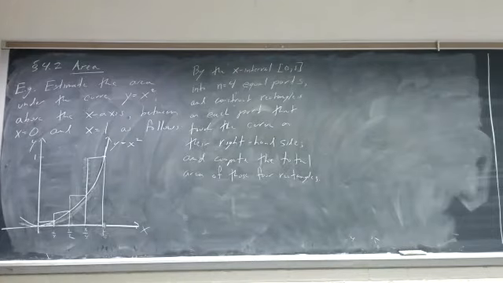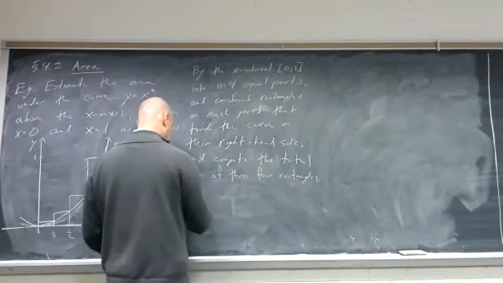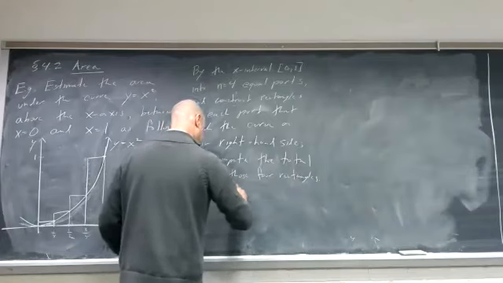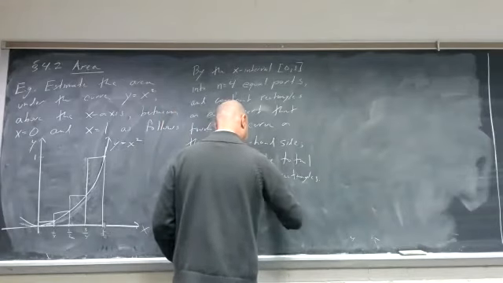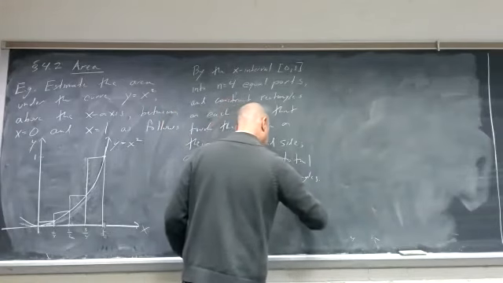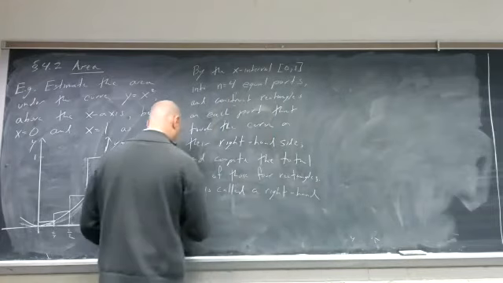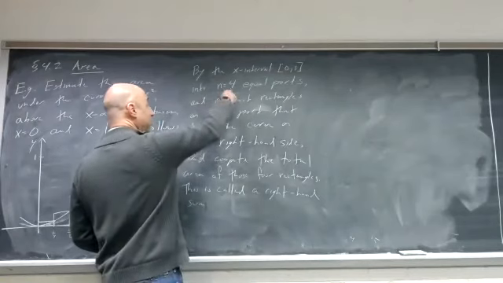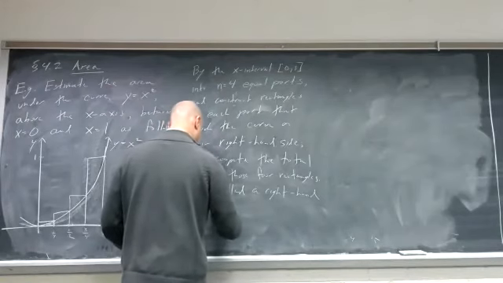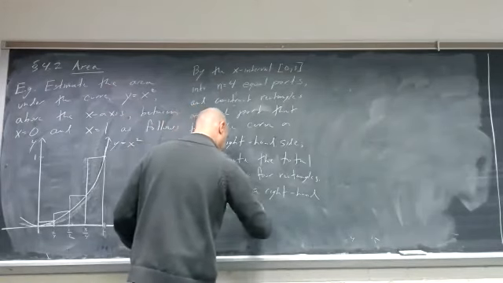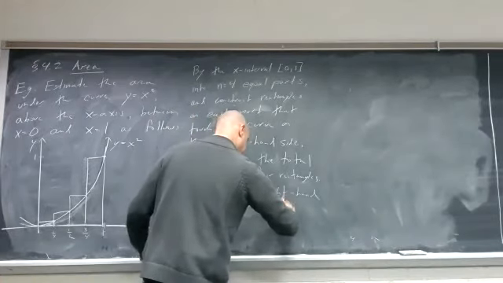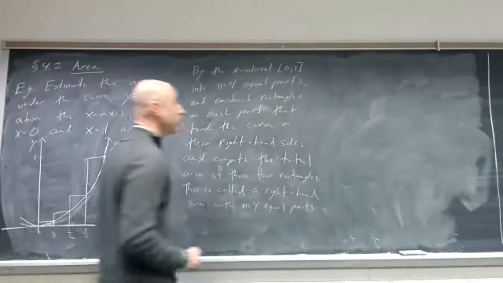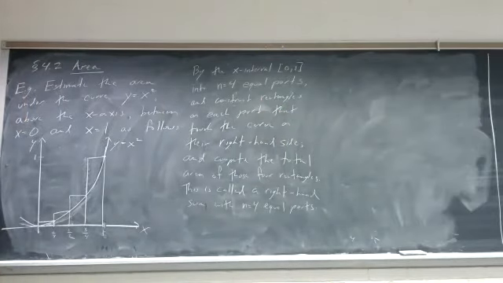So this is called a right-hand sum. And we have n equals 4 equal parts. So a right-hand sum with n equals 4 equal parts.